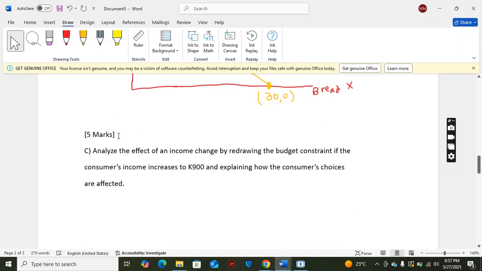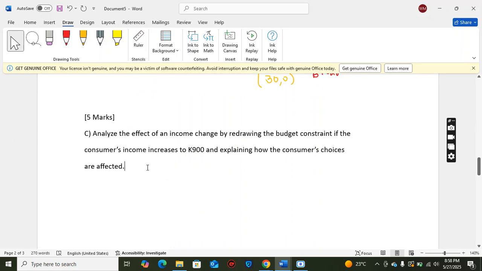Okay, colleagues, the next one is: analyze the effect of an income change by redrawing the budget constraint if the consumer's income increases to 900 kwacha and explaining how the consumer's choices are affected. So when the income changes, you expect a shift on this budget constraint equation. So the first thing we need to do is get our new budget constraint equation.